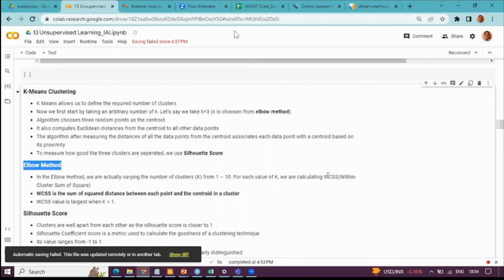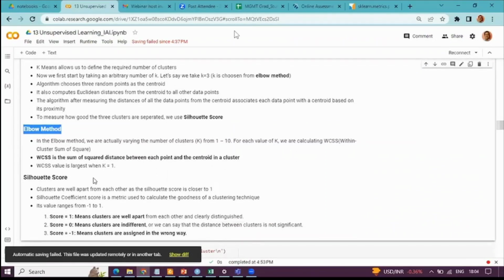The within cluster sum of squares added across the various clusters is otherwise called inertia. Right? So it's the sum of the squared distances between each point and its centroid, and I can sum up all those points after that.